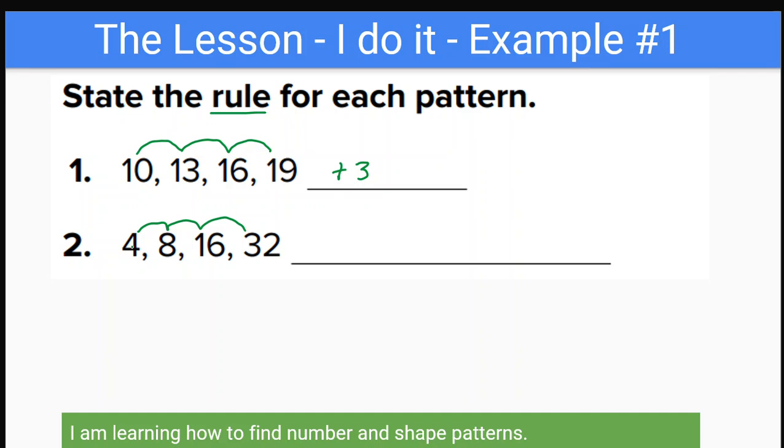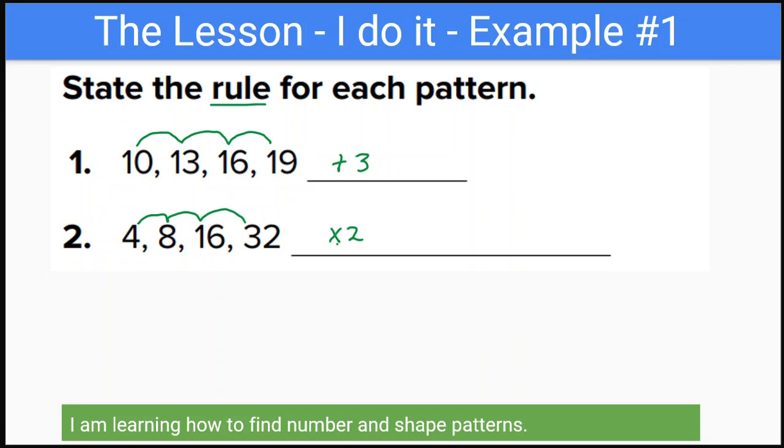How else could I get from 4 to 8? Right. We could go times 2, multiply by 2, okay? Then 8 times 2 is 16, 16 times 2 is 32, and the pattern continues. Now, they don't ask you to continue the pattern, they just want the rule, and it's multiply by 2. Kids, right now you're learning how to find number and shape patterns.